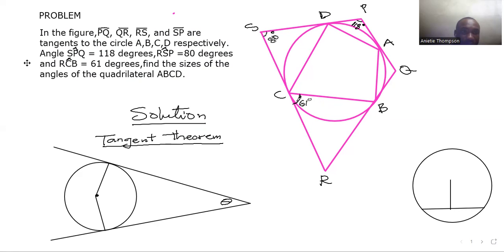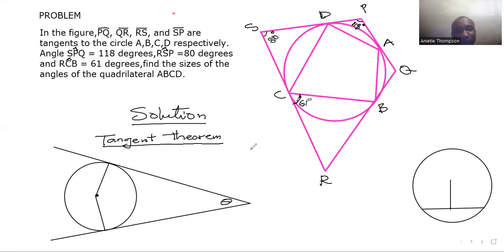Why I'm saying this is because for you to solve this problem, some people may rush to think that they're going to use the alternate segment theorem or the angle at the tangent point. And I'll say, no, that's not what you're going to use today.